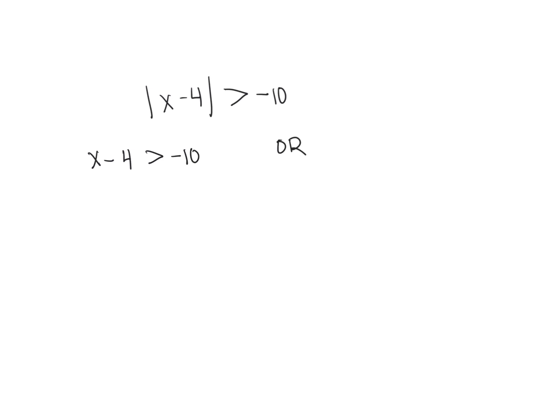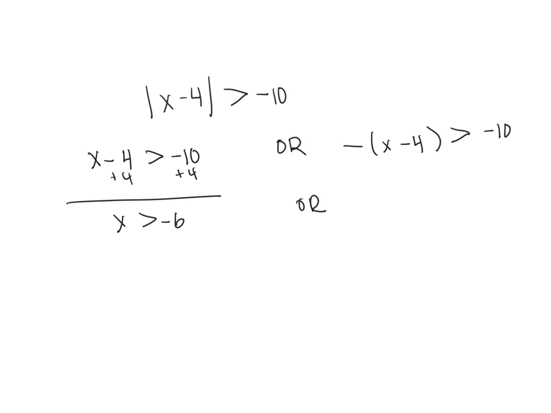It's an or statement. And then we do it, bend the brackets. Okay. So if I add the 4 to both sides here, I get x is greater than -6, or I'm going to have x minus 4, I'm going to flip the sign, change that to a positive 10, or x is less than 14.